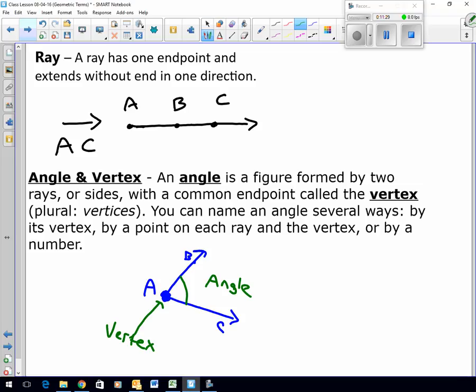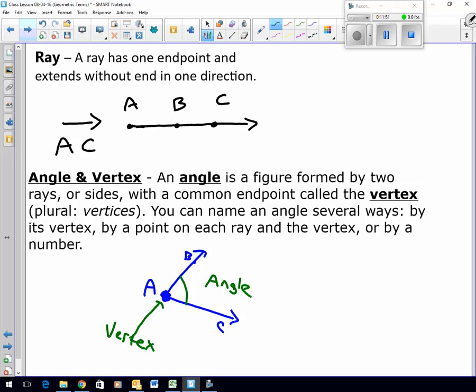But of course, as the bottom part of the definition indicates, we've got to make it more complicated. Math. So we have several different ways I can name this angle. Here's one.